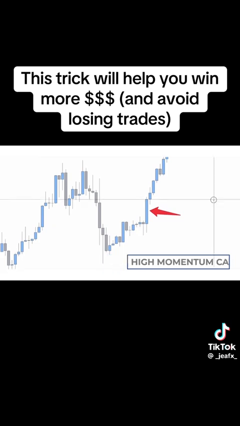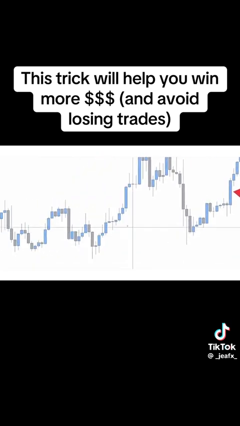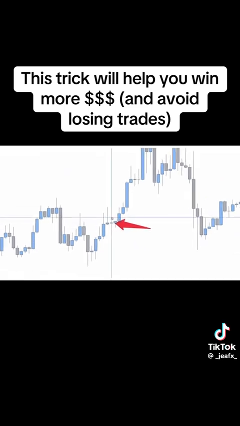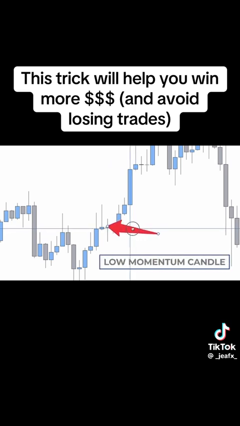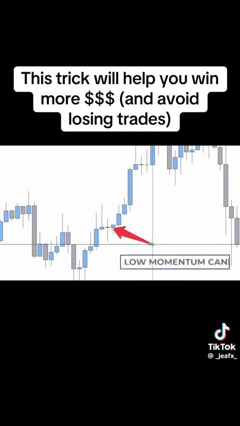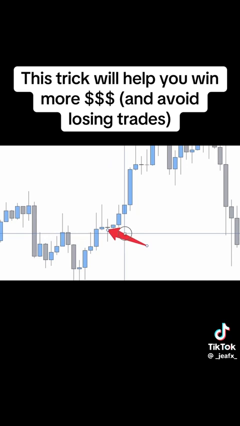Now, if we look at another candle, let's take a look at this one here. This indecision candle with the wick there and the small body. That is a low momentum candle. If we consider what this candle actually presents to us, basically we have an open and a close price right next to each other. So that tells us that no movement was created within this hour of price action, okay?